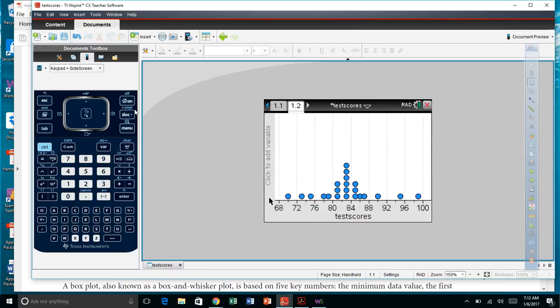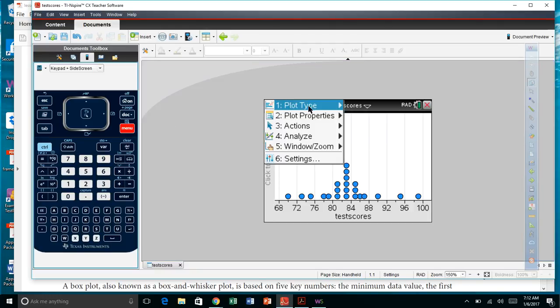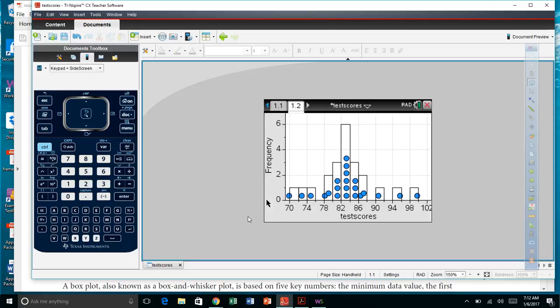That looks pretty good. And menu 4, 3, and now we have a histogram. That looks fairly symmetric.